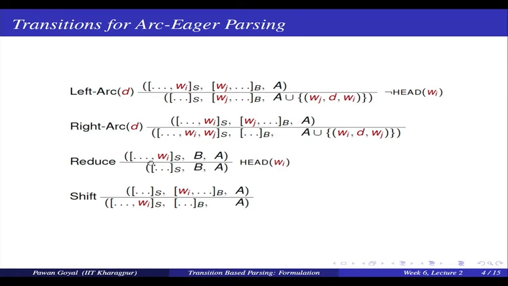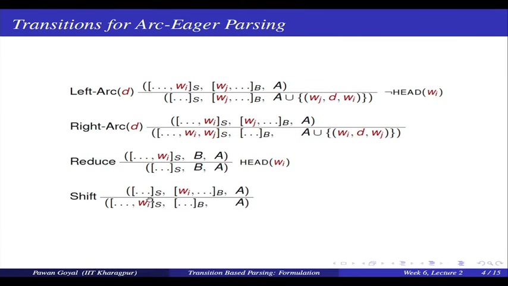What is reduce? In reduce, I remove the top word from the stack, and the condition is Wi already has a head. If Wi already has a head, I can remove that. And finally, the fourth transition is shift. What is that? I take the top word on the buffer and shift it to the top of stack.